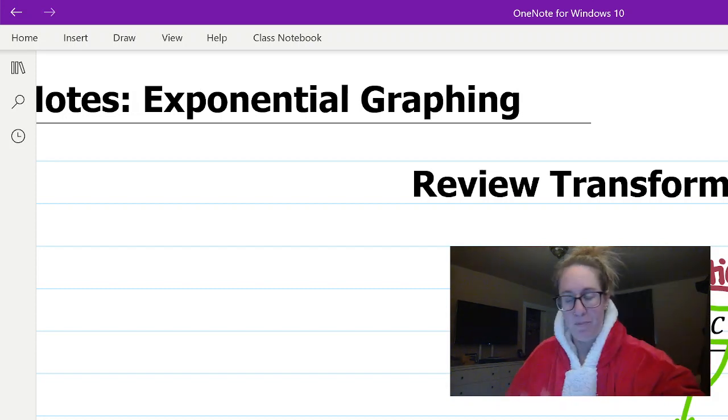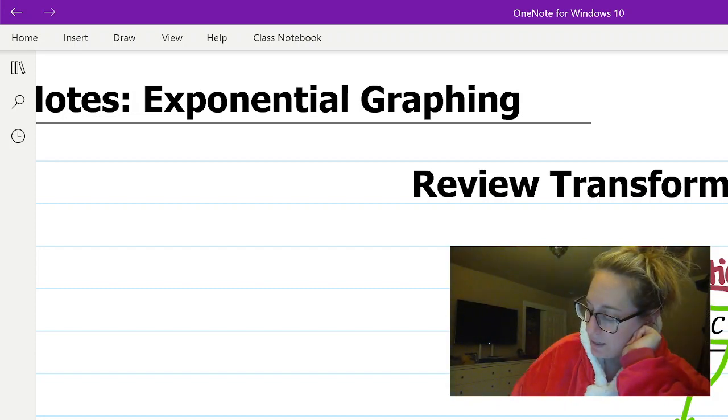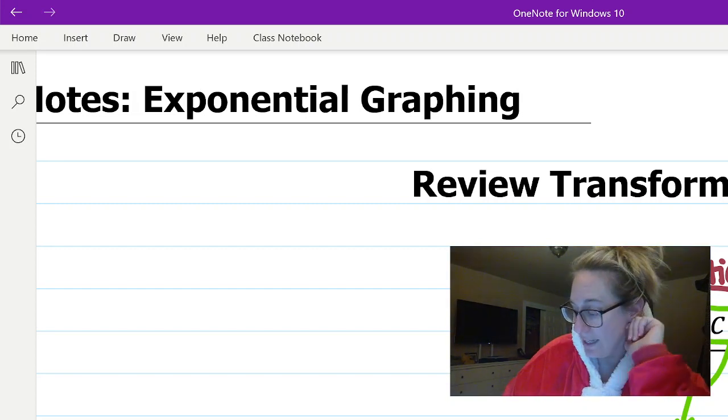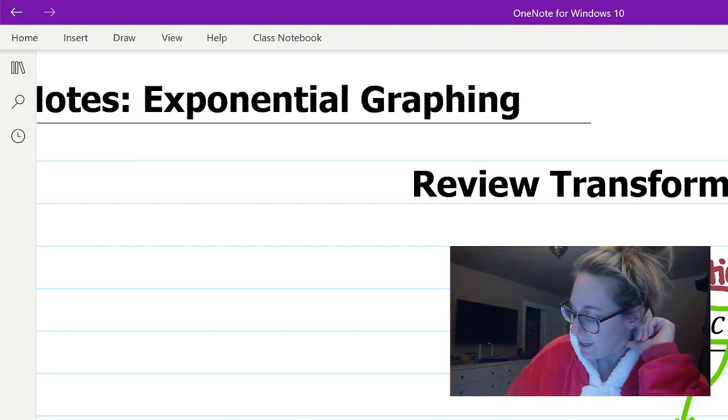So it's just bloop, reflect upside down. The last one we have is D. This is your translation or slide up and down. So translation. If you have a plus D, this is moving your graph up. If you have a minus D, this is moving your graph down.